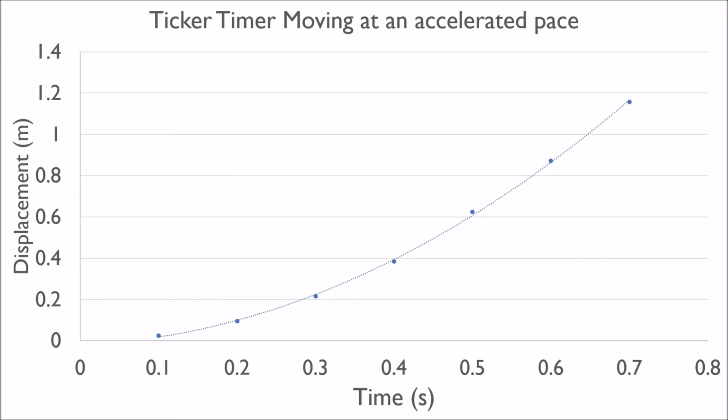Okay, so here we have our graph. As you can see on a displacement time graph, if the trend is curving upwards, then it's an accelerating object. If I want to find the average velocity, it'd be from one point of my graph to the other point, and you would draw a line of best fit, sort of like that.